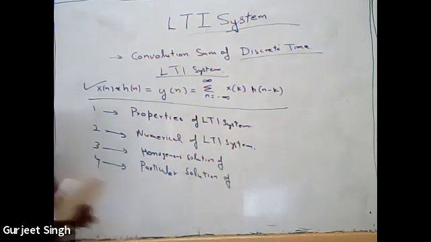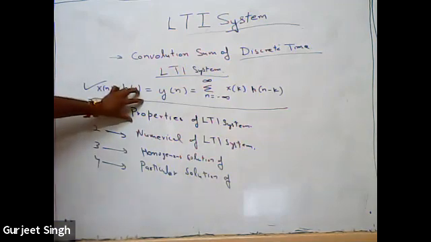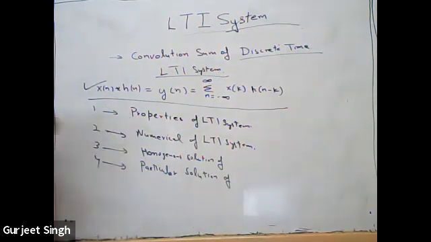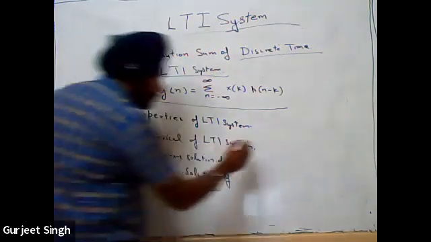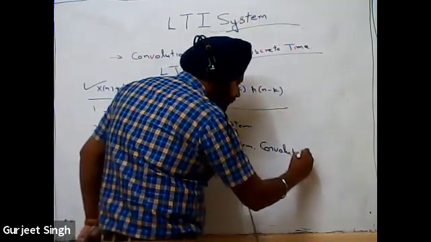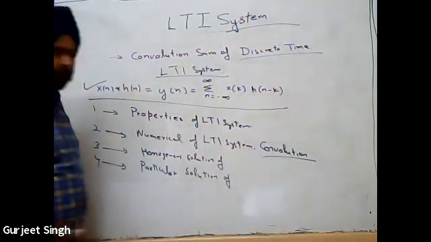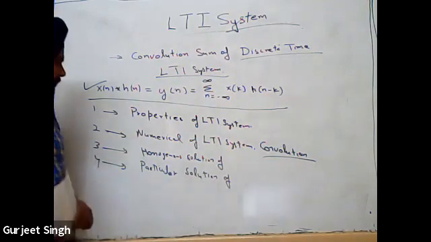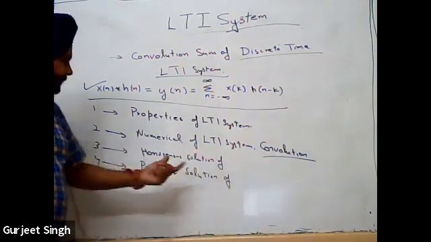So we will discuss the properties of the LTI system. The numerical of the LTI system we will discuss in the next lecture, that is the convolution based numerical. There are four methods to solve this numerical of the LTI system.